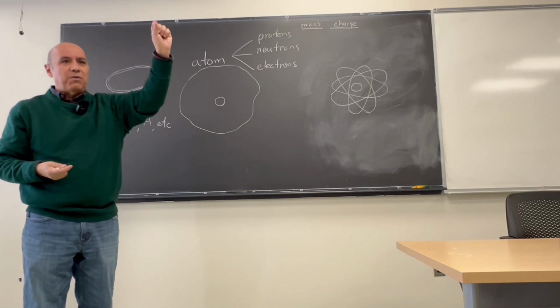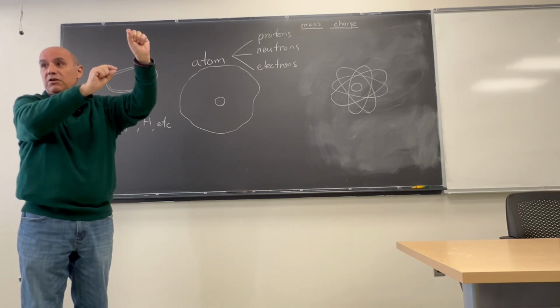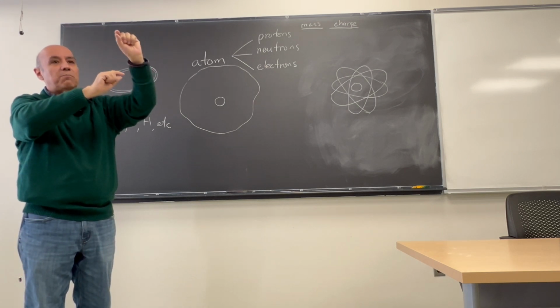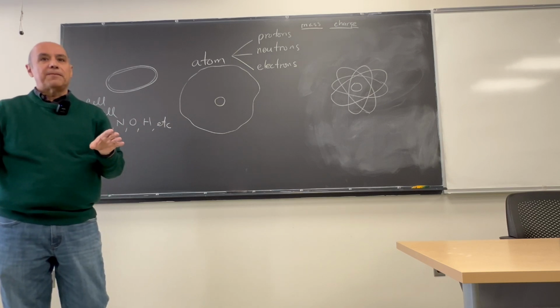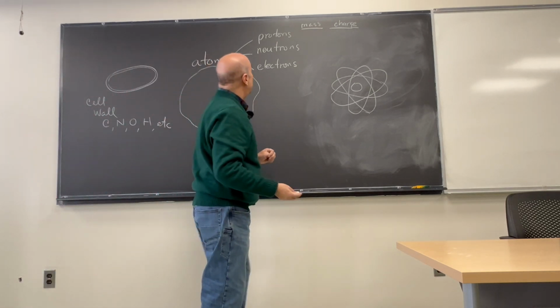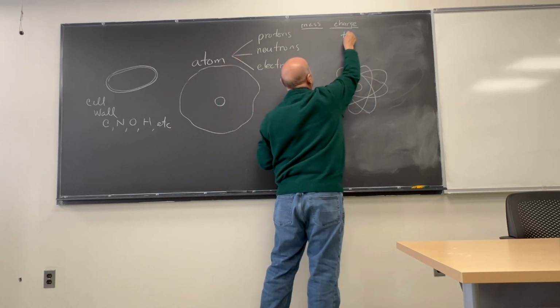So positive is positive, negative is negative. There's a natural repulsion between positives and positives, and there's a natural attraction between positives and negatives. That's all you need to know about electricity. Now, we do have a symbol for the charge that is positive, and that is we use a plus sign.